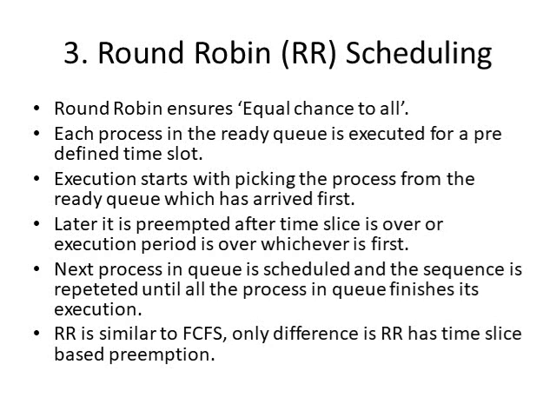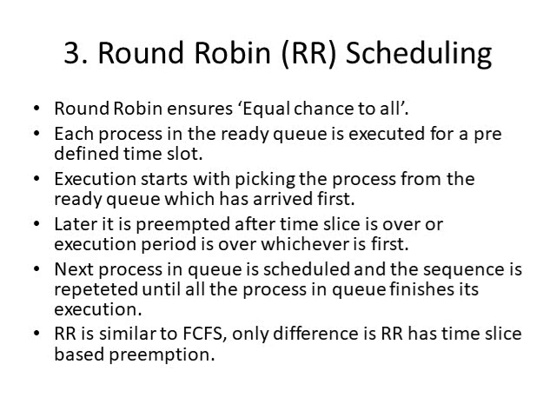The predefined time slot is known as the time slice. The time slice will be decided, and after every time slice is over, the next process in the ready queue will be executed. So here the preemption is based on a predefined time slot.